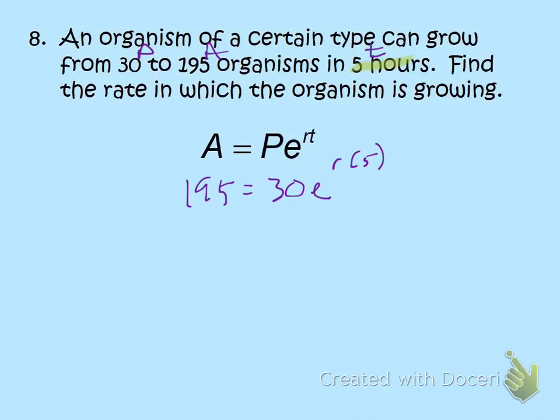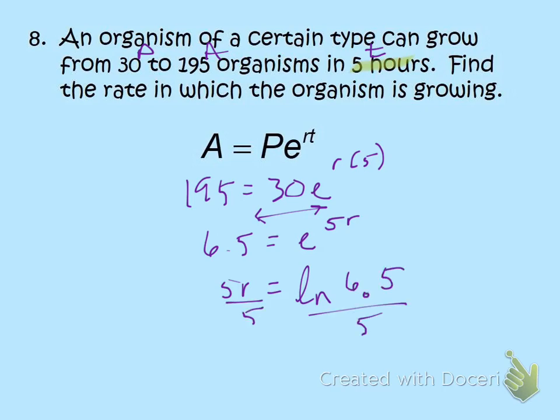Divide 30 into both sides. You're going to get 6.5 equals e to the 5r. Now you don't have base e on both sides, so we've got to rewrite this as a logarithm. The logarithm with base e is the natural log, and then we want to flip-flop these two. So 5r comes on this side of the equation, 6.5 comes over here.